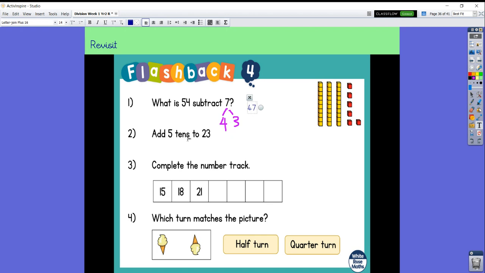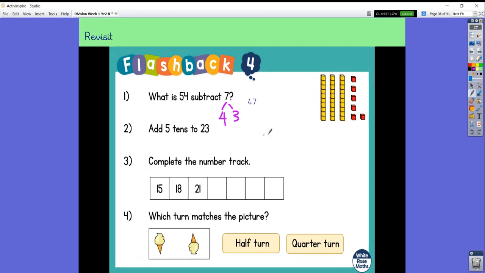Okay, now I need to add 5 tens to 23. So here is 1, 2, 23, and I ended up with 24. Apologies, let's make it 23. I'm going to add 5 tens. 1, 2, 3, 4, 5.